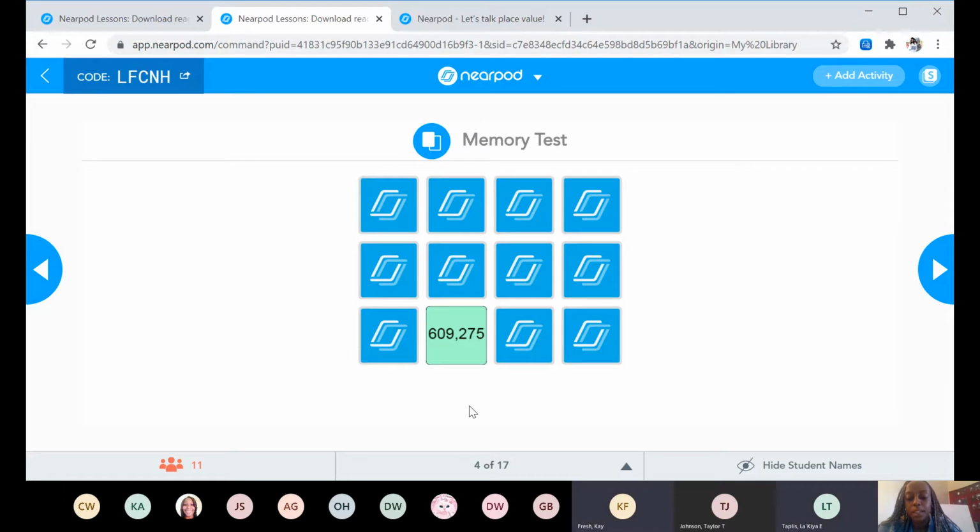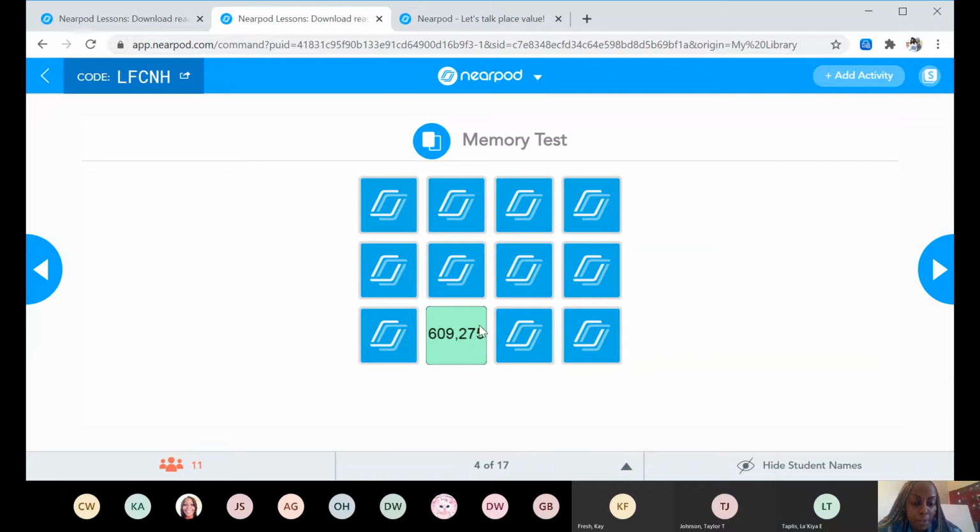Lakaya, your hand's been up for a while. Go ahead, Lakaya. 609. 275. Okay, good. So at first you said it's 609. So is it 609?